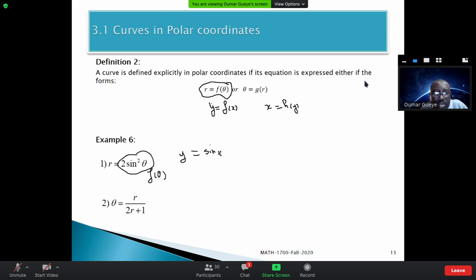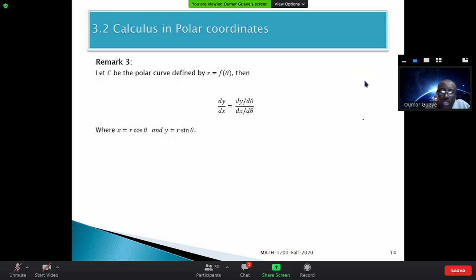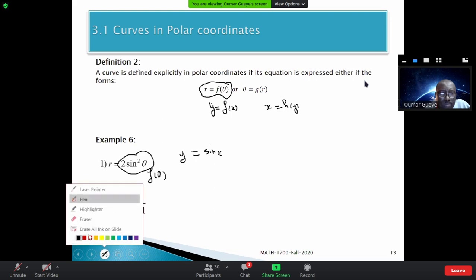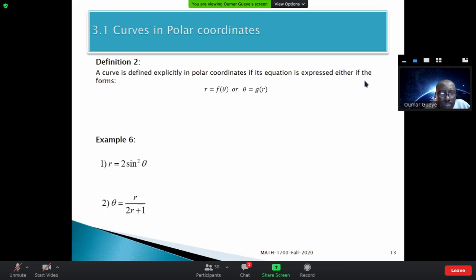Later on we'll see how to sketch the curve of such an equation, called a polar curve. In the first example, the curve is in terms of theta. For the second one, the curve is in terms of r.